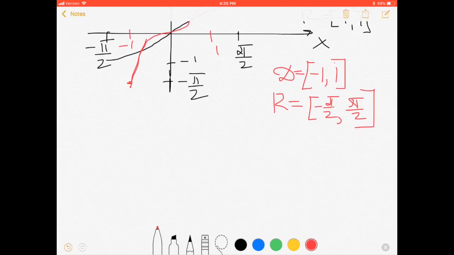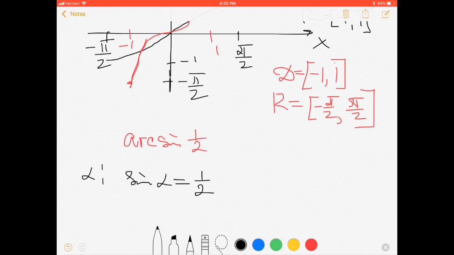Let's do an example. For example, I need to evaluate arcsine of 1/2. This means I need to find an angle alpha such that sine alpha equals 1/2, and alpha needs to be from -π/2 to π/2.